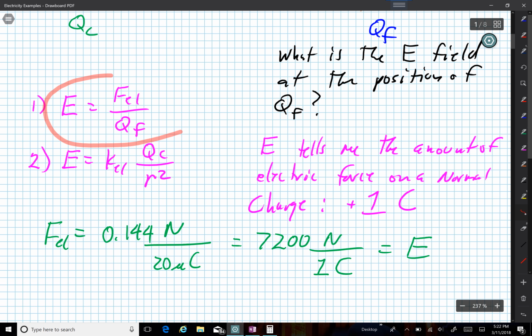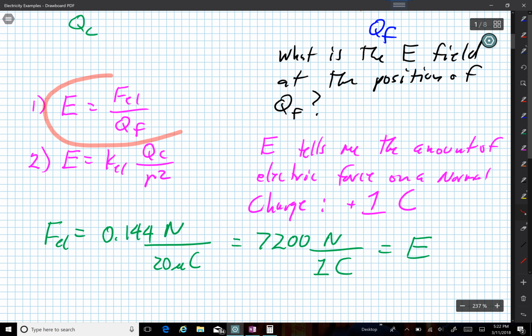This is the equation. What I was trying to show you was another way of thinking about the relationship, the ratio of force divided by charge. That's the point I'm trying to get across. This calculation that we did is force divided by charge. That's electric field.